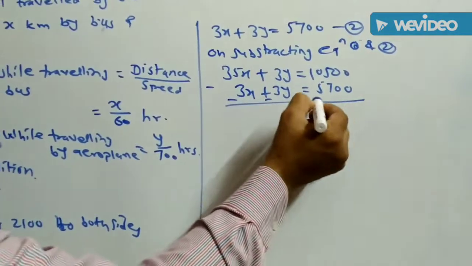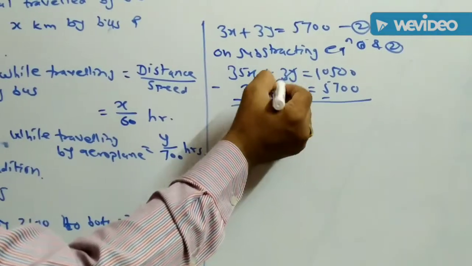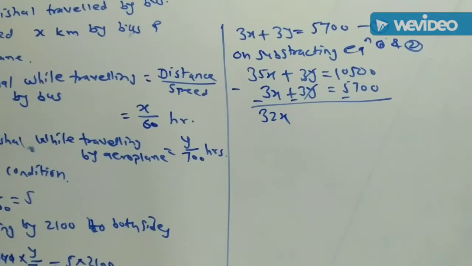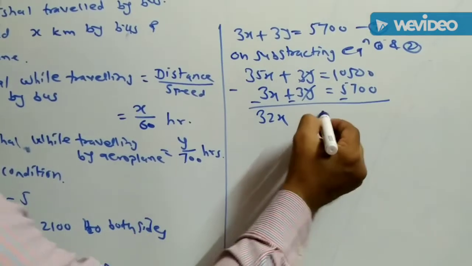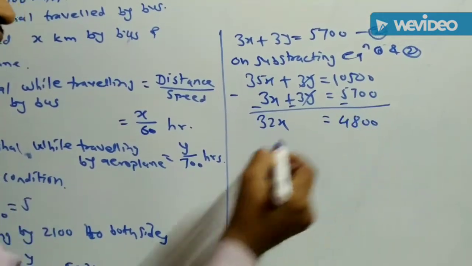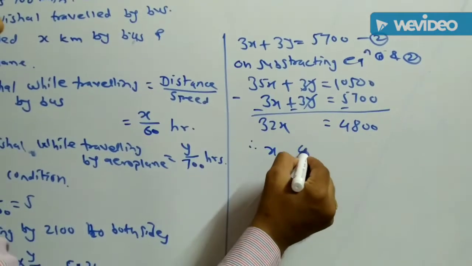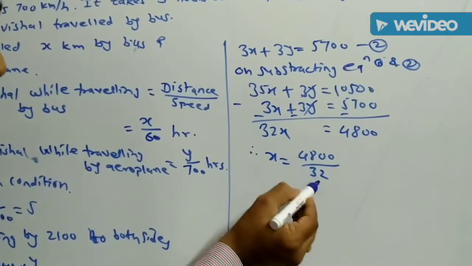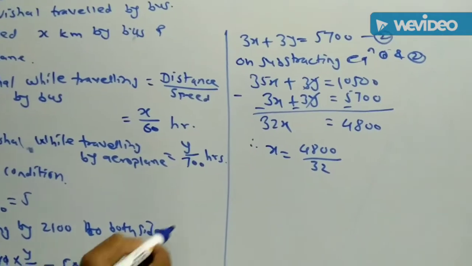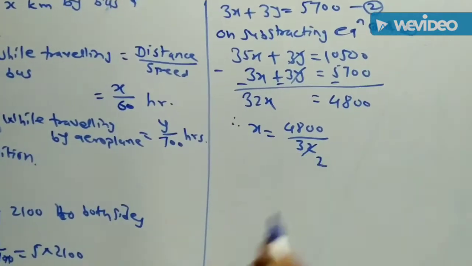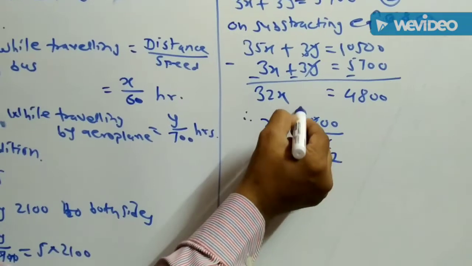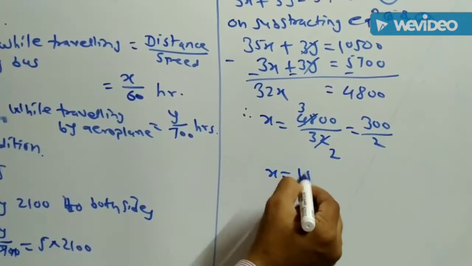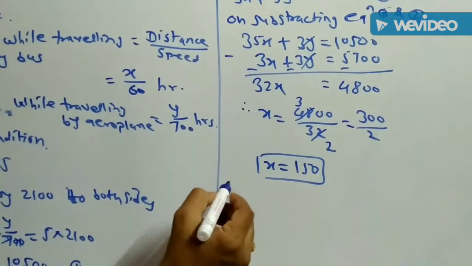Now change the sign for subtracting. Plus 3y minus 3y gets cancelled. Subtraction of 35 and 3 is 32x, and subtraction of this is 4,800. The multiplication by 32 gets converted to division. Both 48 and 32 are multiples of 16, therefore divided by 16, 16 2s are 32 and 16 3s are 48, that is 300 upon 2, and 300 divided by 2 is 150.